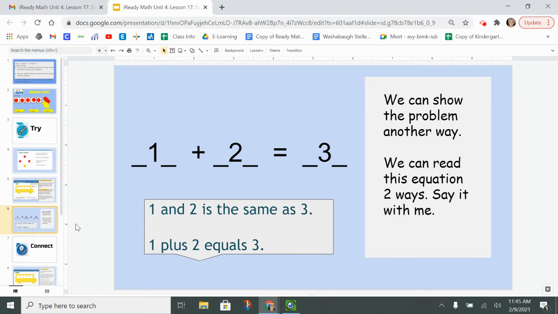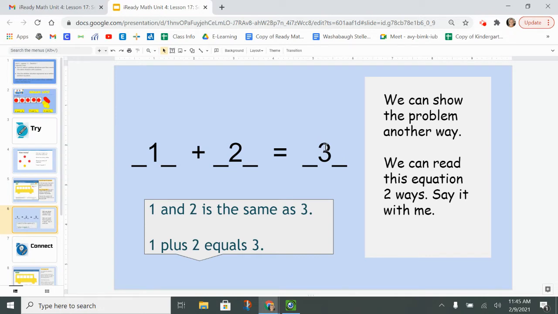Okay, so let's read this equation in 2 ways. The first one, 1 and 2 is the same as 3. Or we could say it, 1 plus 2 equals 3.